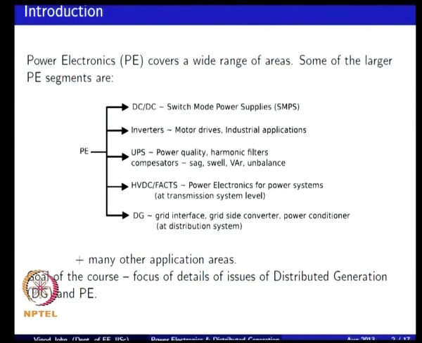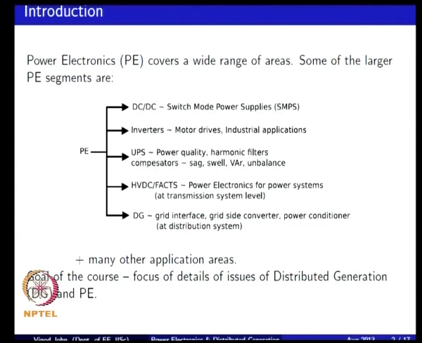segments for power electronics. And at the very high power level you have HVDC, which is high voltage DC systems, flexible AC transmission systems which are used at the very high power level.